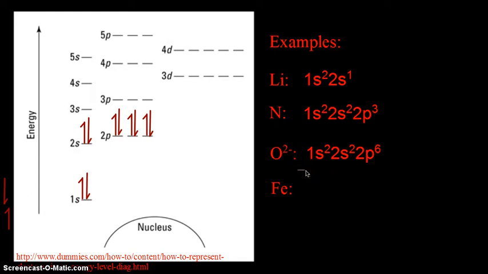Finally, let's go on to iron. Iron has 26 electrons, and so we've already got 10 placed in here, so let's keep going. So there's 10.